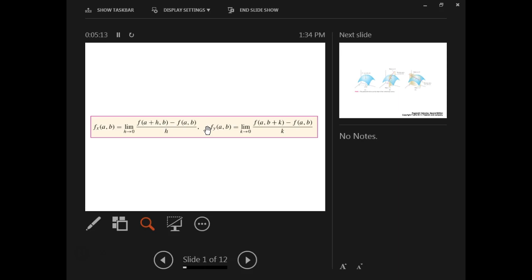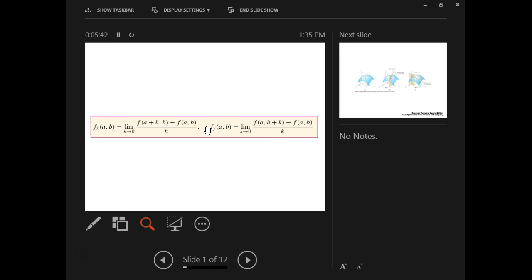This f sub x is the derivative of f with respect to x, with b a constant, and f sub y at a, b is the derivative of f of a, y as a function of y alone. Now, that's the subscript notation, which is the easier one to write. Okay?